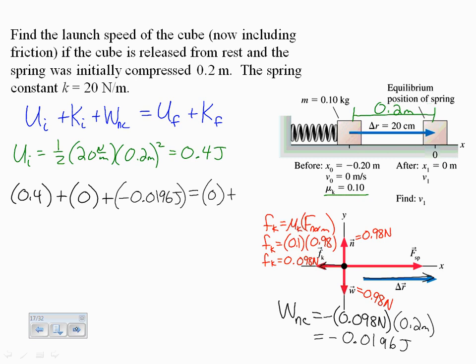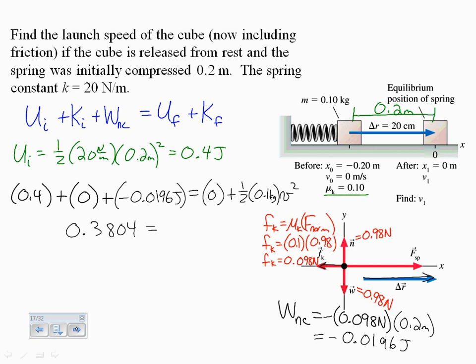And we're looking for the speed, so I'm going to replace the kinetic energy with its equivalent, 1/2 times 0.1 kilograms times the speed squared. And so if I take 0.4 joules and I subtract the 0.0196 joules to take away the energy that friction got rid of, we have 0.3804 joules of energy is what we're left with.